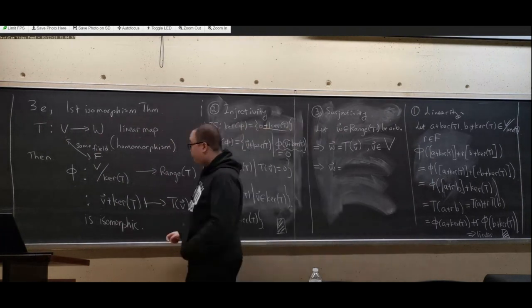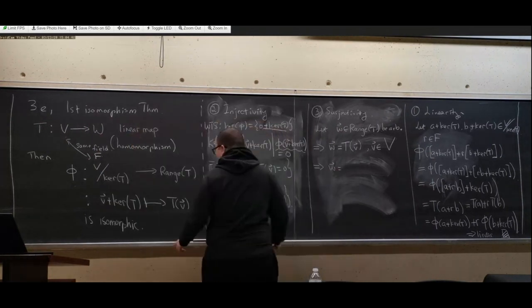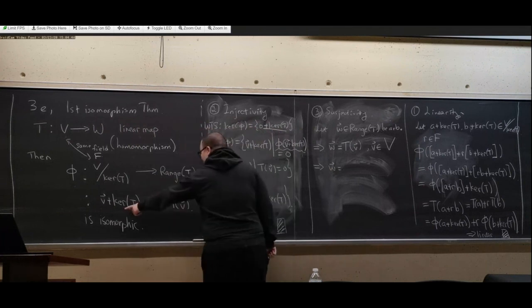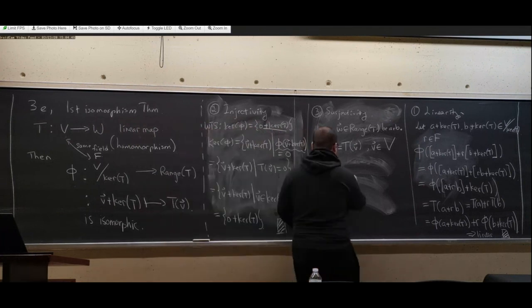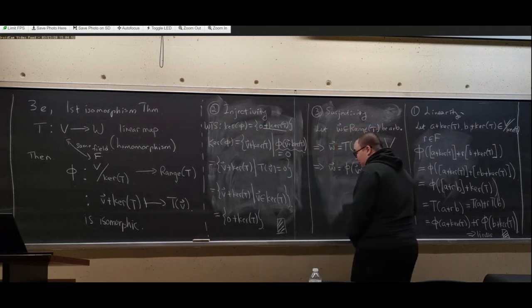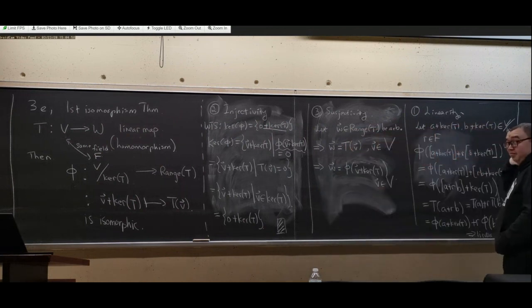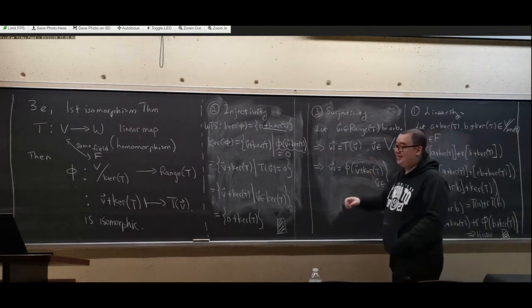Equals T of V. T of V is just phi of V plus kernel of T, right? And we know that V is in V. These two are equivalent because of this.